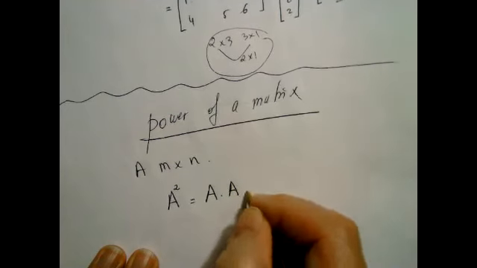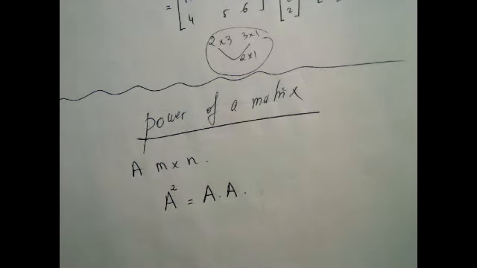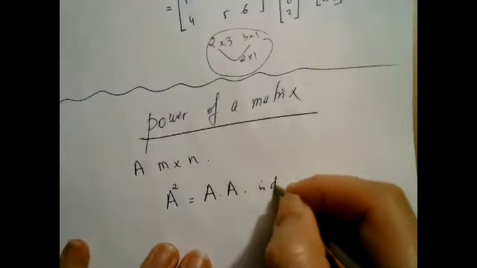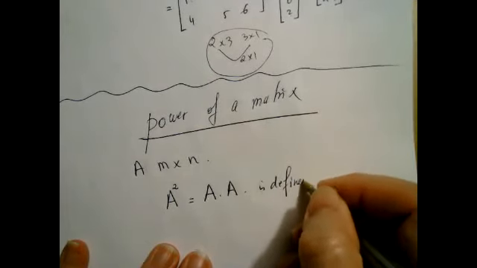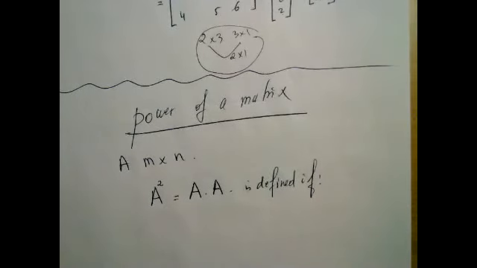It's A times A. But when will this make sense? To be able to multiply A by itself, under what condition can we do it?